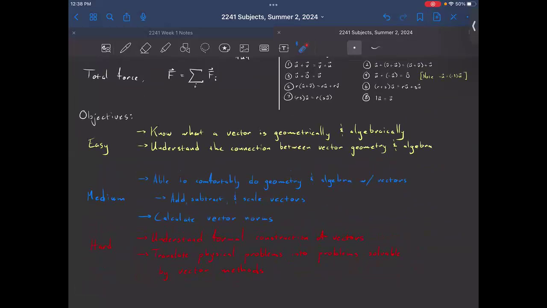So we'll do an example of this as the last problem in our examples video. But basically, I want you to be able to read some sort of problem, recognize that vectors are useful for solving it, and then be able to write down some sort of vector function or equation that gives you a way to get to the answer.